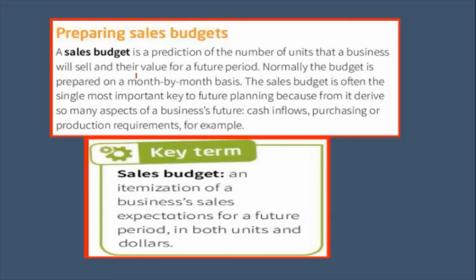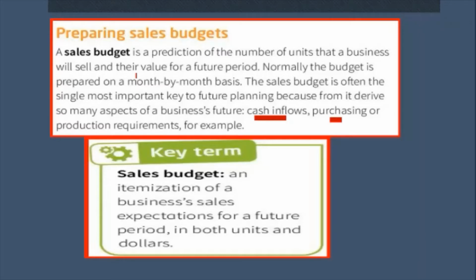Normally the budget is prepared on a month-by-month basis, or it could be prepared quarterly or annually. That is 6 months. It is the most important of your budgets because from that you will get things like the cash inflows, the cash budget, the purchasing or production requirements.